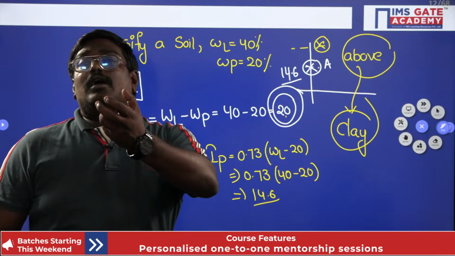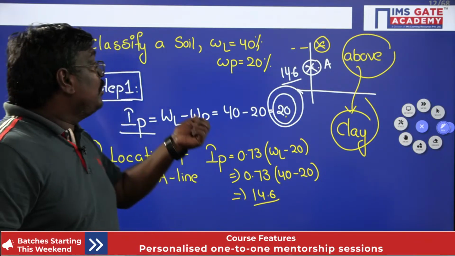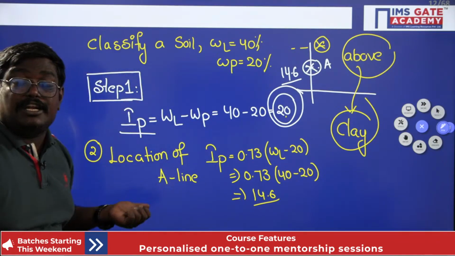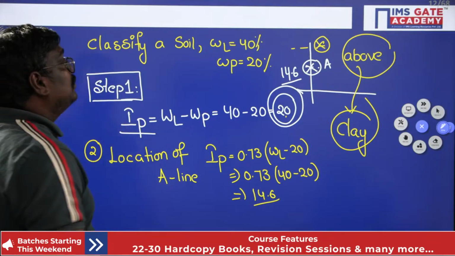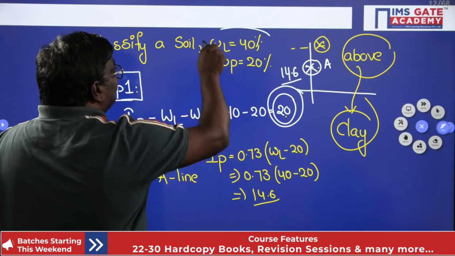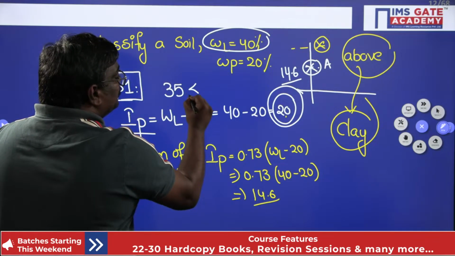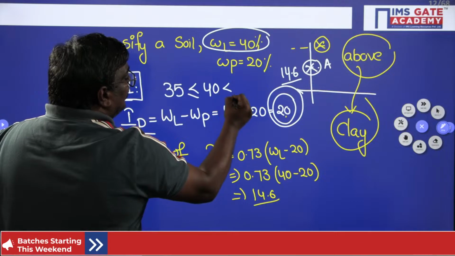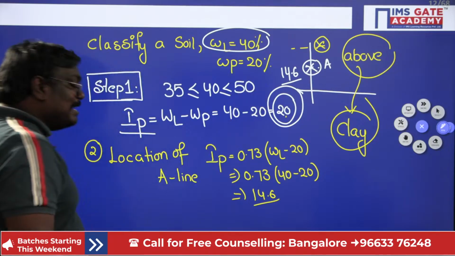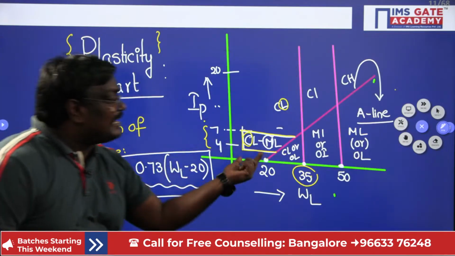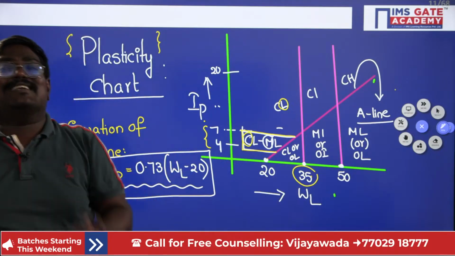Now, my dear students, identify whether it is low compressible or intermediate compressible or highly compressible. Now see, what is the liquid limit given? It is 40. So 40 means it lies between 35 to 50. So if the liquid limit is between 35 to 50, what is the soil?